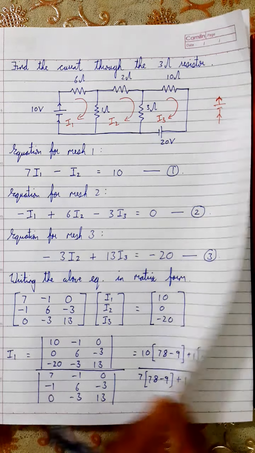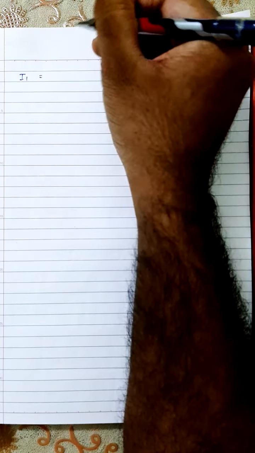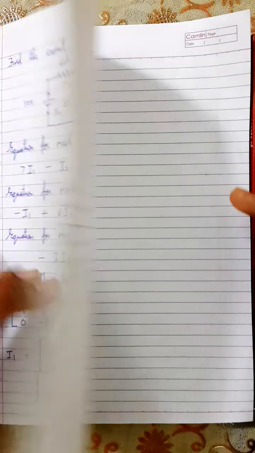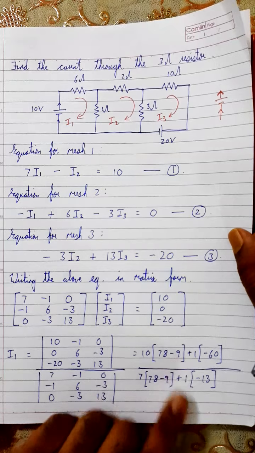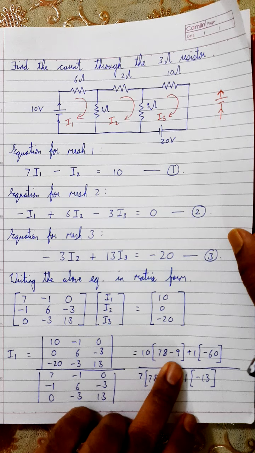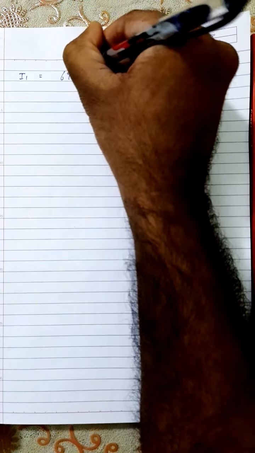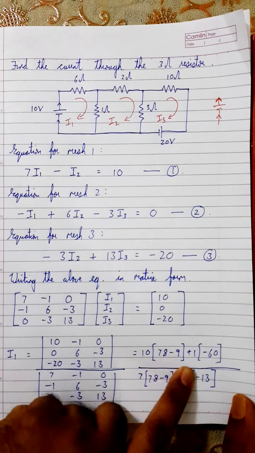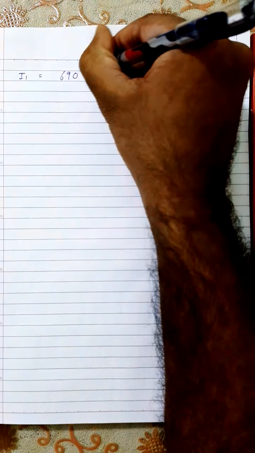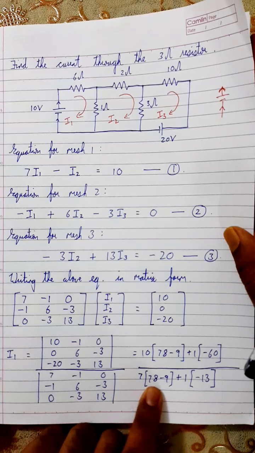So therefore I1 is equal to, 78 minus 9 is 69, I believe, right? So it will become 10 into 69, 690, minus 60, by, and here also it will become 69.